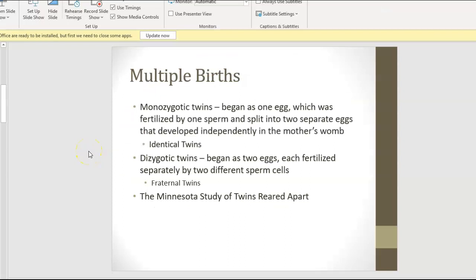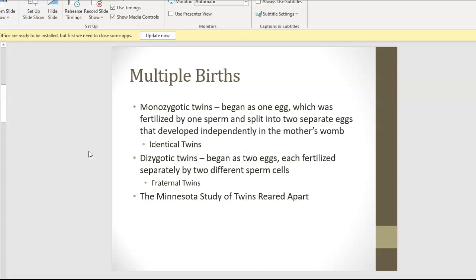Many of you remember the Minnesota study of twins is still ongoing, looking at the differences in identical and fraternal twins, and then looking at the differences and similarities in identical twins reared apart. And what was found in 1979 was that the identical twins reared apart were very similar in attitude and personality dispositions.